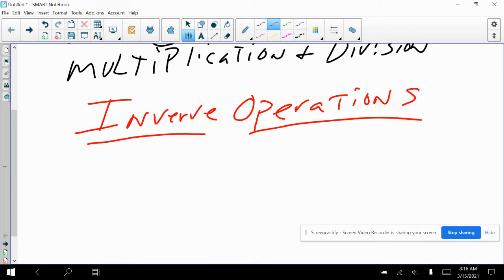If you were given a multiplication equation, you're going to do what to solve it? What's the opposite? You're going to divide. Okay, if given a division problem, you're going to multiply to solve it.